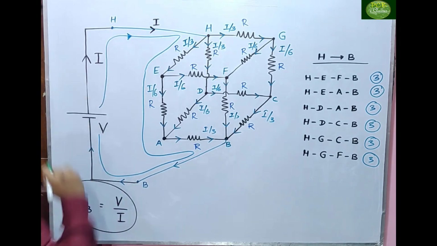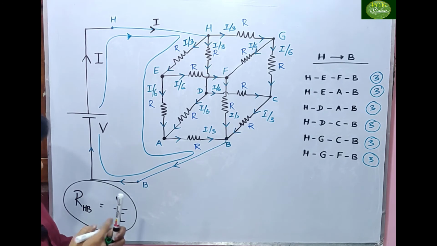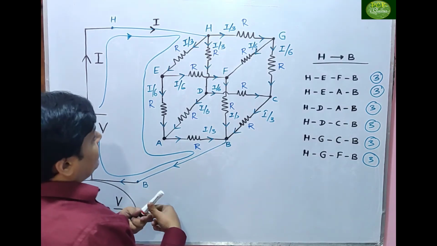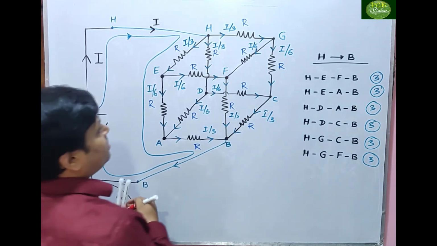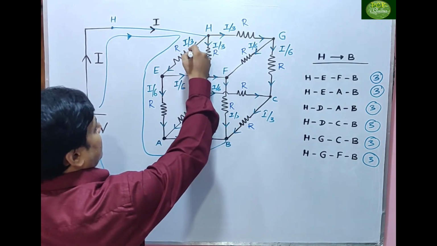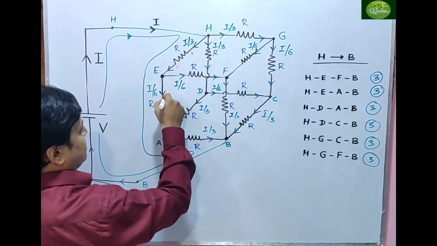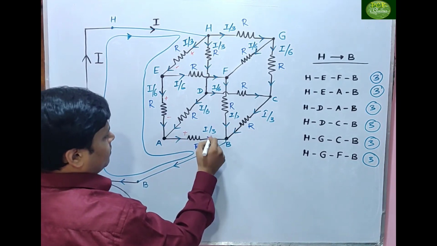What is the current flowing here? I. Can I take this KVL equation? Yes, I can. Now, as the current is entering here, I by 3, can I take this one as positive and this as negative? Similarly, I by 6, positive, negative. Similarly here, positive, negative.